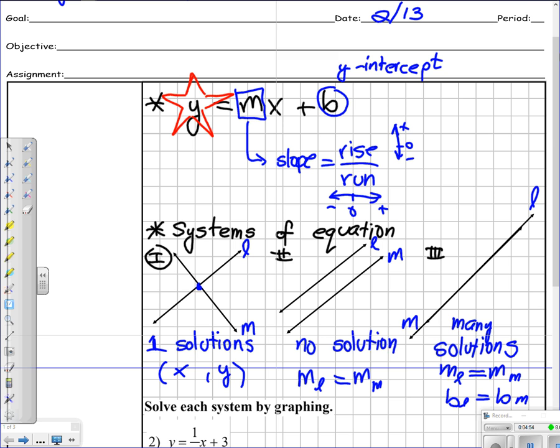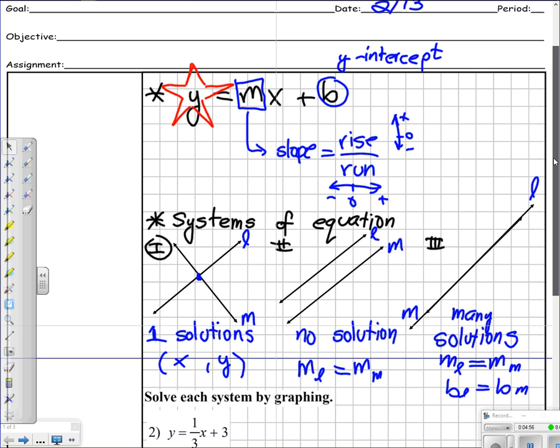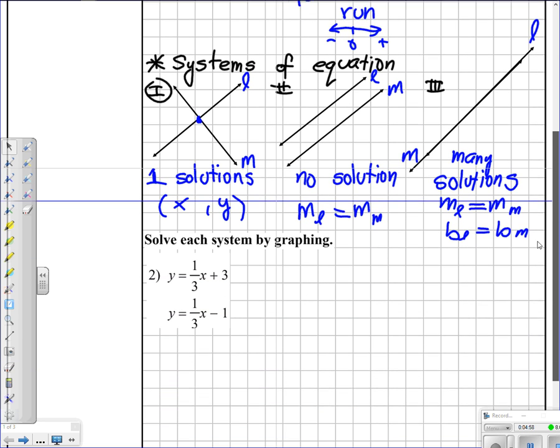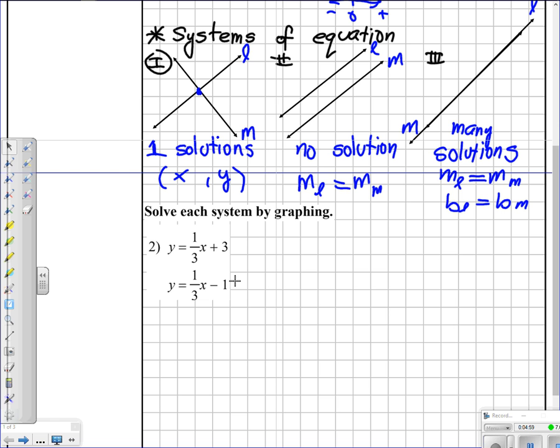Okay. Now let's do one problem. Solve each system by graphing. So what you're gonna do is right above it, I'm gonna write y is equal to mx plus b. So the number that's by itself, that is the b.